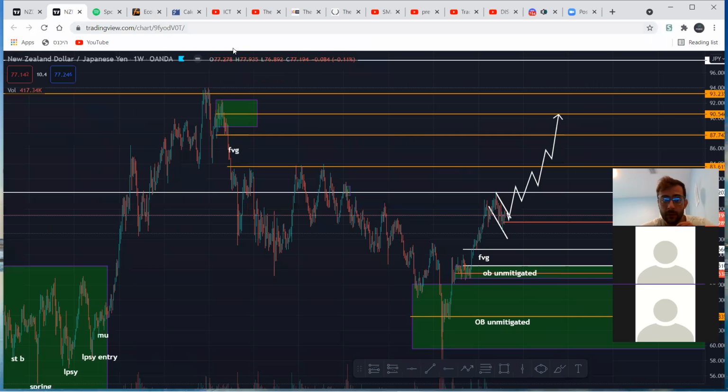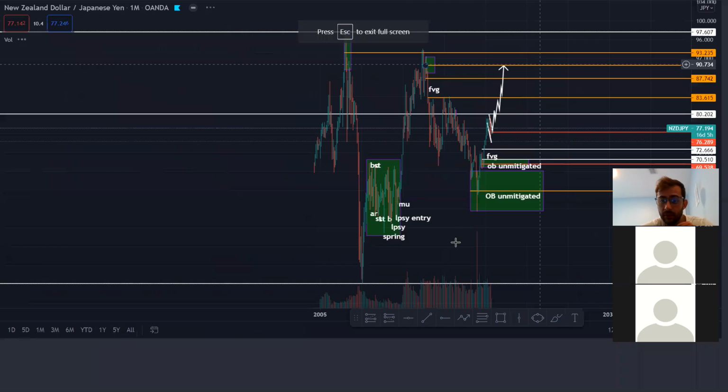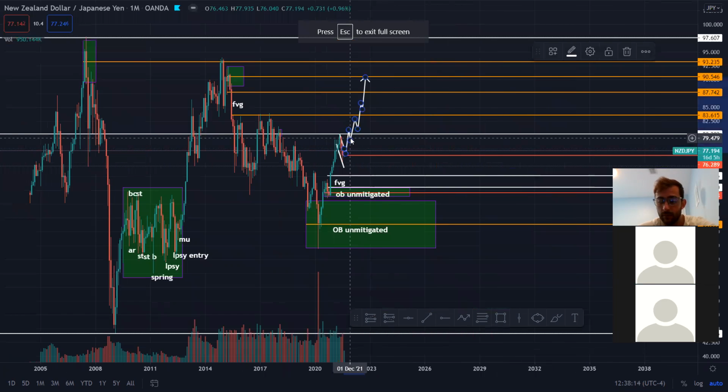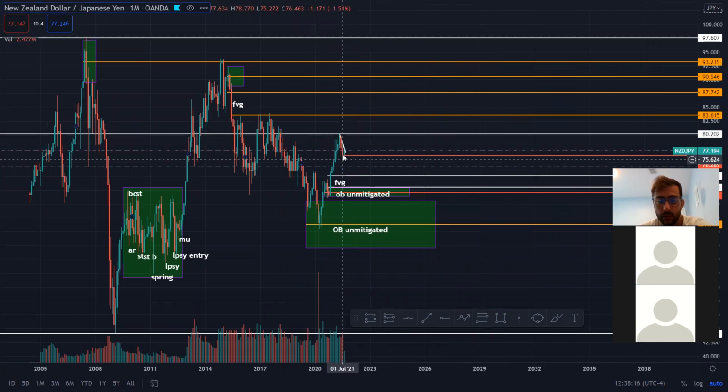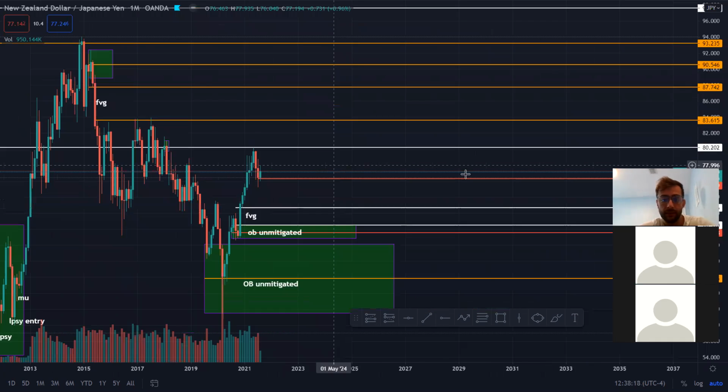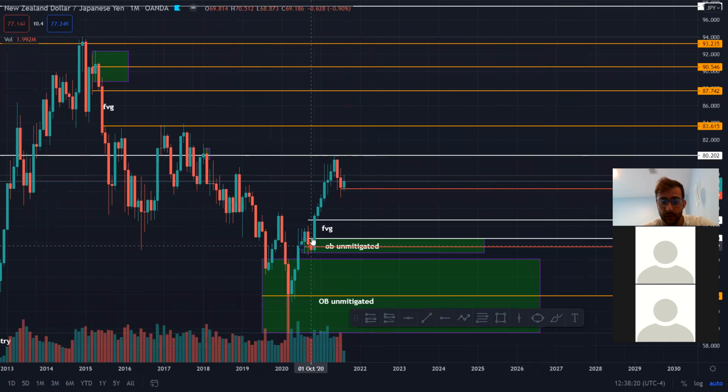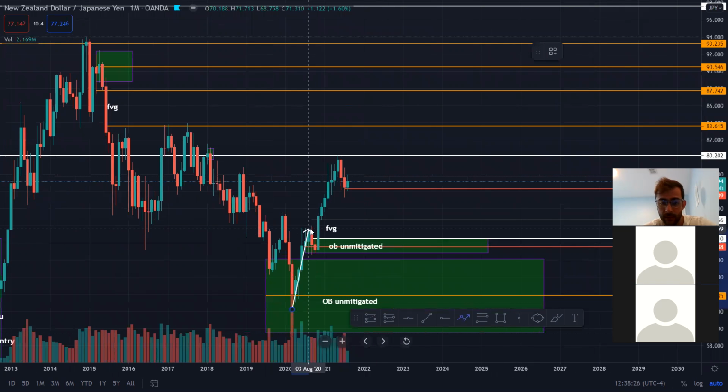Take a look at this on the monthly too, right? Look at the monthly for a second. Let me delete this. Okay, if you look at the monthly, what is this? Up. Let me draw for you. Tell me if you guys start to agree with me now.